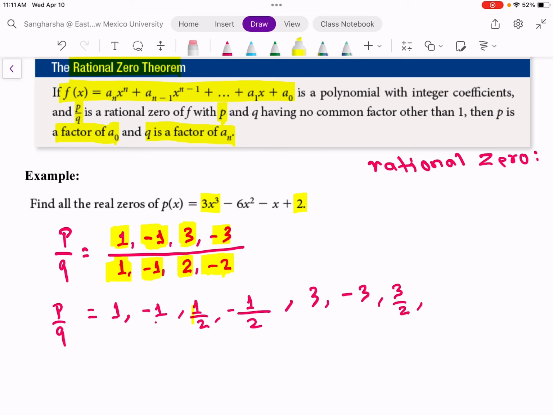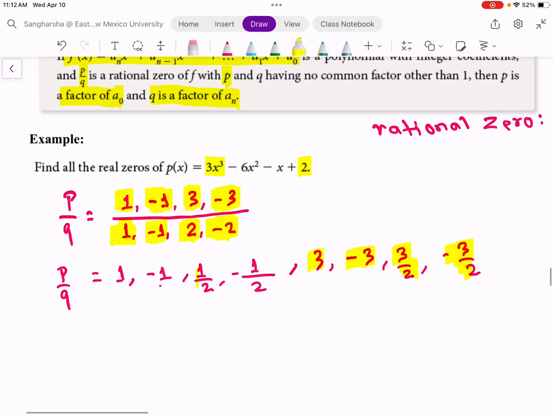Let's choose 3 for p and negative 2 for q, so we get negative 3 over 2. Now negative 3 for p and 1 for q, we get negative 3. We already have that. Negative 3 and negative 1 gives positive 3, which we already have. Negative 3 over positive 2 is negative 3 over 2, which we already have. Negative 3 divided by negative 2 is positive 3 over 2.